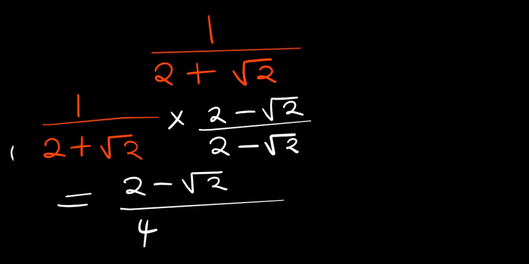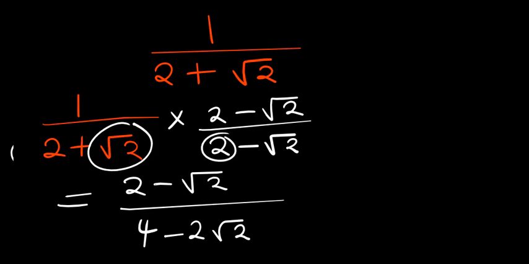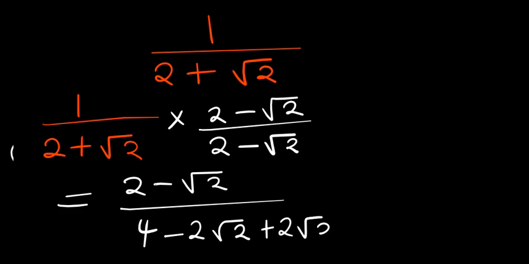The same 2 multiplying with the negative root 2, I'm going to have negative 2 root 2. Then I come to the other side, the root 2 multiplied by 2, I'm going to have positive 2 root 2. Then root 2 multiplied by negative root 2. Okay, so we're going to have negative 2 because the roots are going to cancel. So basically this is what we have as for now.